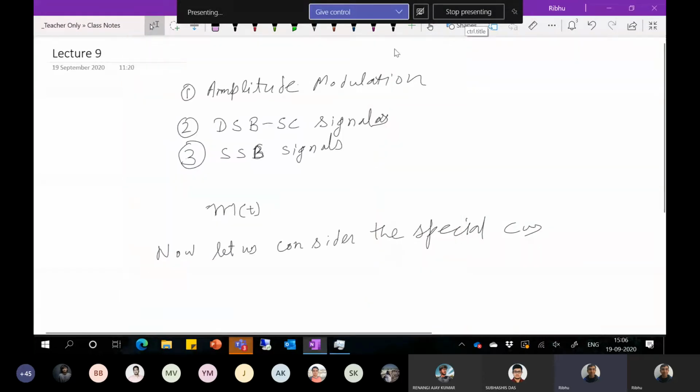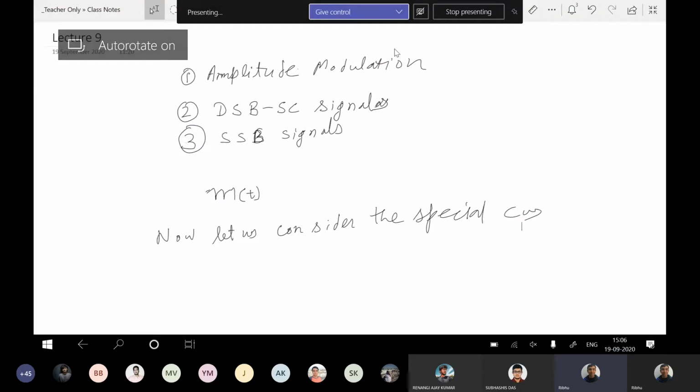Yeah, let's try to continue and see what happens. This is too irritating. Okay, so what I'll do is I'll read out using the Word document.